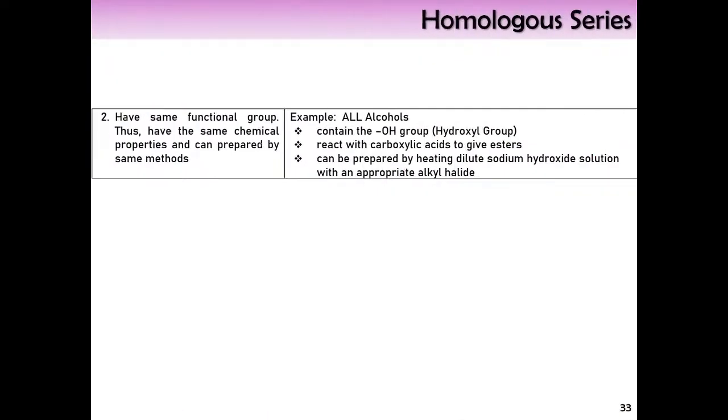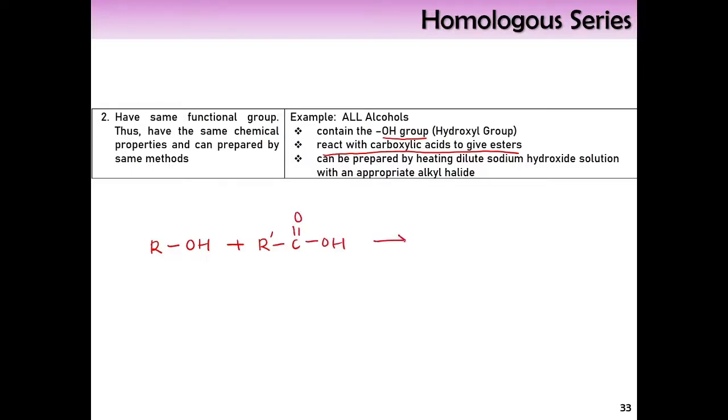It should also have the same functional group. For alcohol, when it has the same functional group, the hydroxyl group, it can react with carboxylic acid to give ester. I can write down a simple form for you here. This is alcohol, R can be ethyl, methyl, propyl, plus carboxylic acid, R prime COOH.